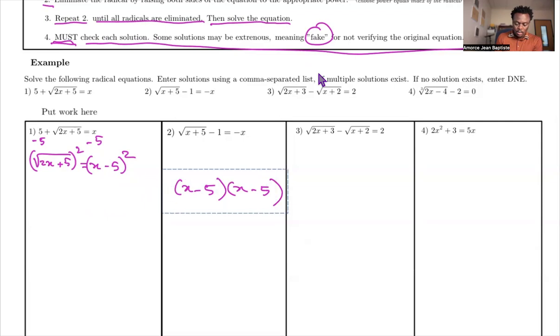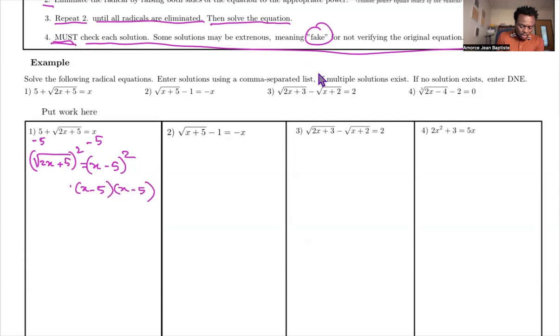So let's rewrite this as x minus 5 times x minus 5, and then on this side, the radical is canceled with the 2, and you are left with 2x plus 5.